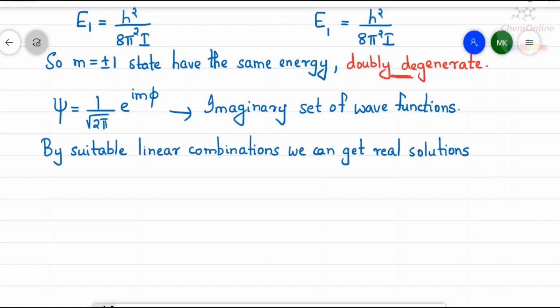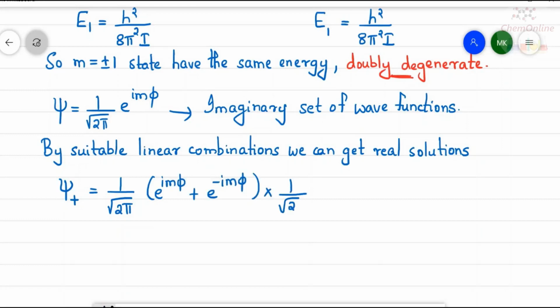By suitable linear combinations, we can get real solutions. That is, xi plus equals 1 by root 2 pi, e raised to im phi plus e raised to minus im phi, into 1 by root 2.